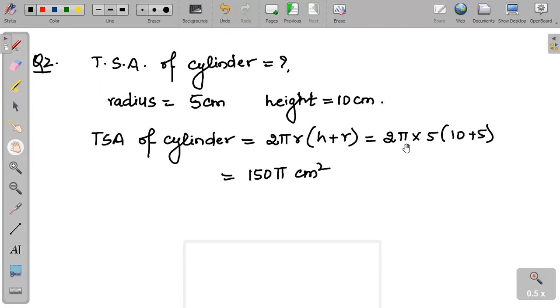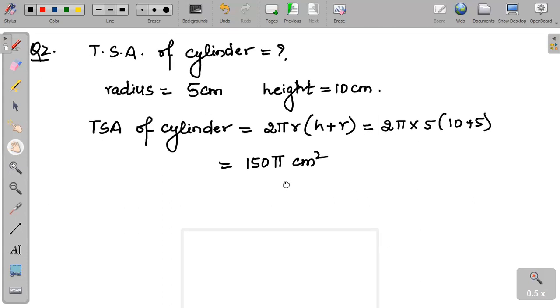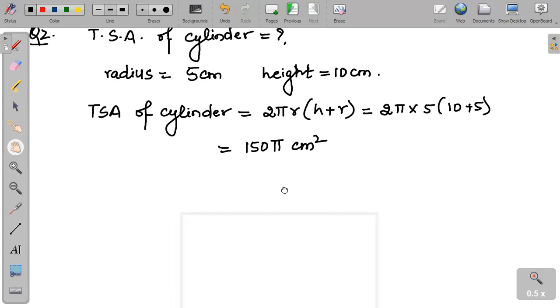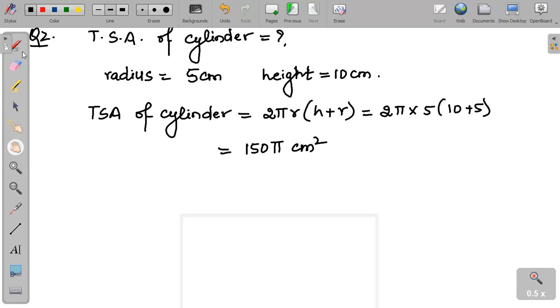That will make 15 into 2, 30, 30 into 5 is 150 pi centimeter square. That is going to be the total surface area of cylinder when its radius and height are 5 centimeter and 10 centimeter respectively. यहाँ तक कर लिया था हम लोगों ने.